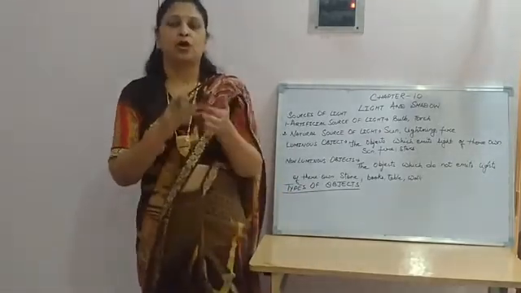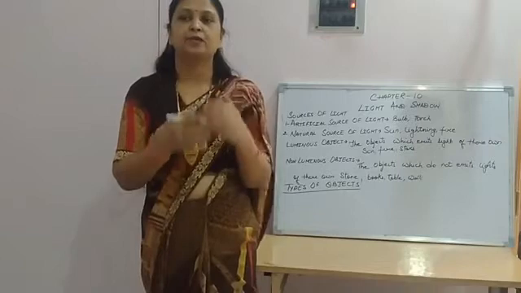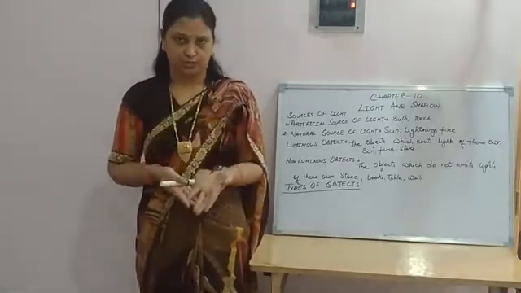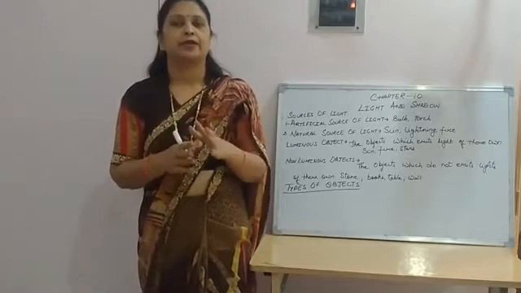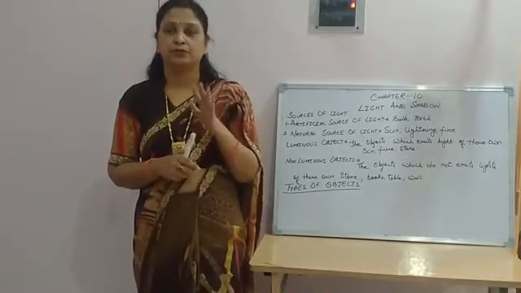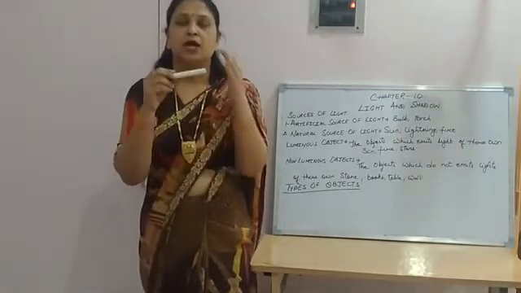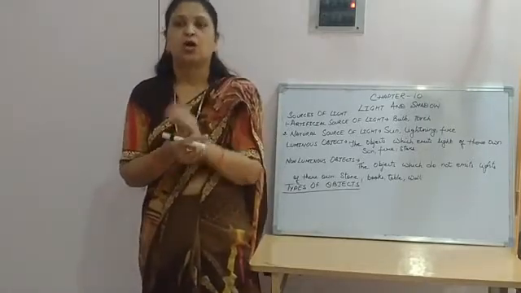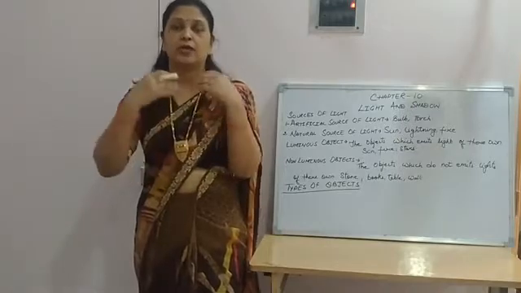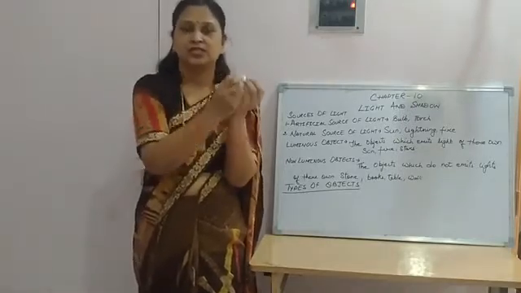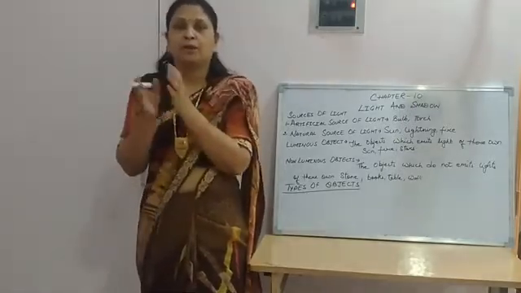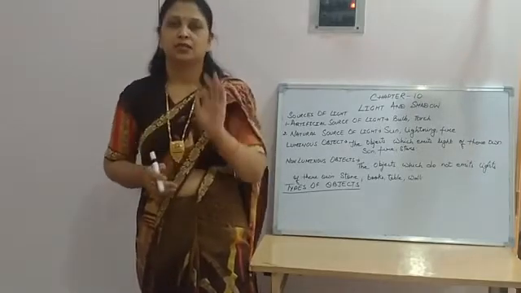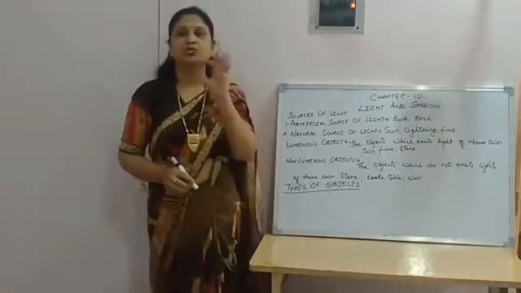According to the amount of light that a particular object allows to pass through it, they are divided into three types. Based on whether the object allows light to pass through it or not, the objects are divided into three types.